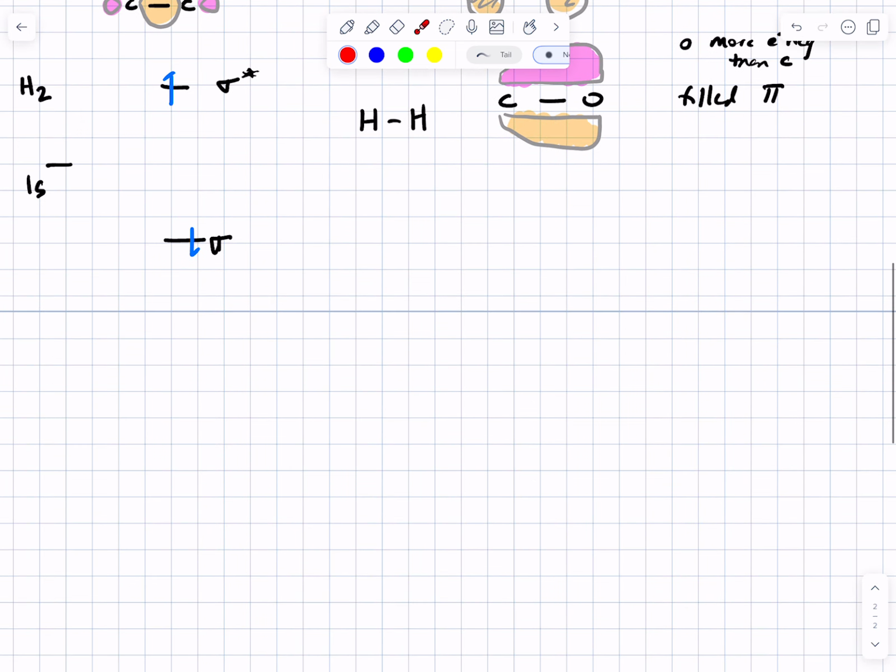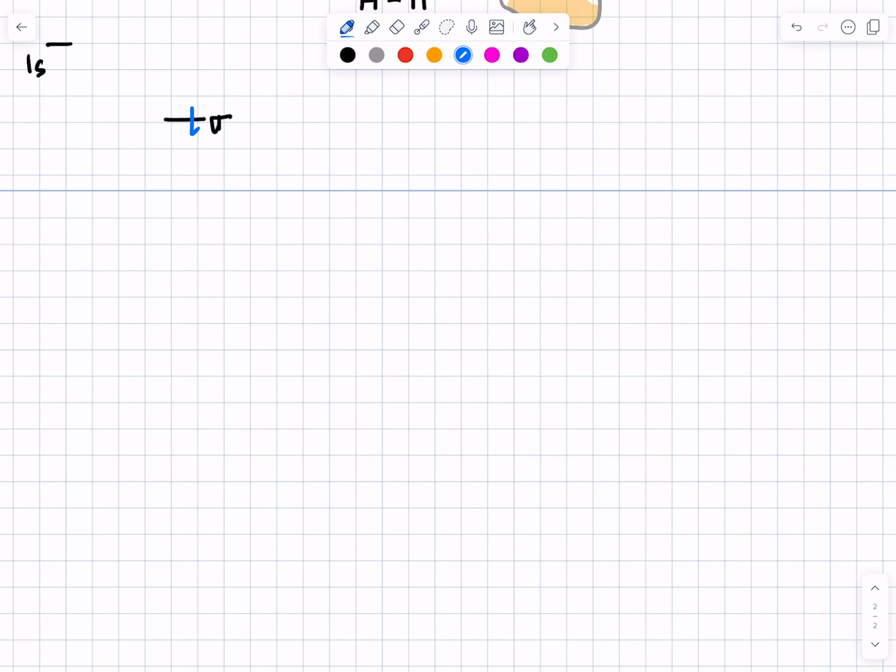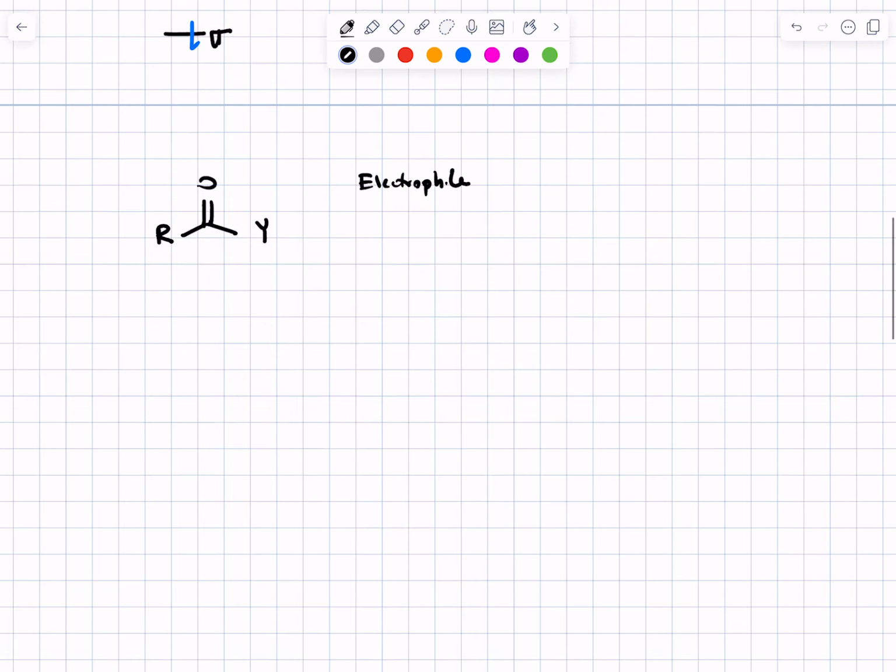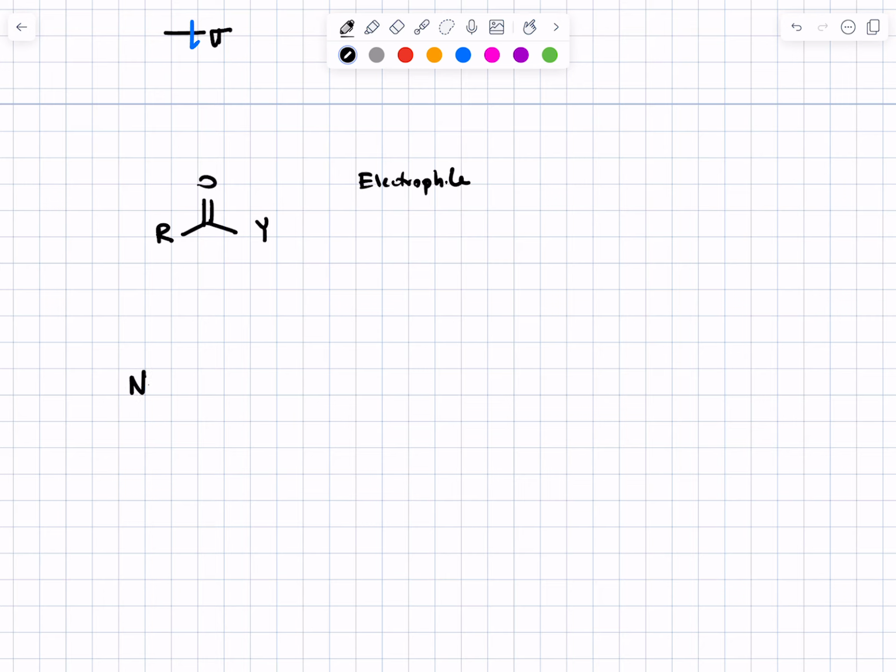So, let's give you an example of what I'm talking about. Of a carbonyl compound acting as an electrophile. Okay? And here is some general nucleophile, something that has a high energy pair of electrons. Now, you can do what we're going to do now using either of the explanations that I've just provided about carbonyl reactivity.